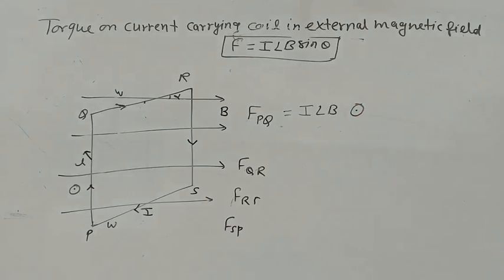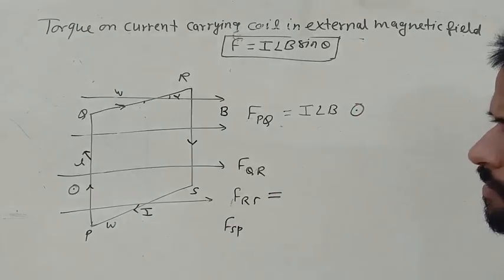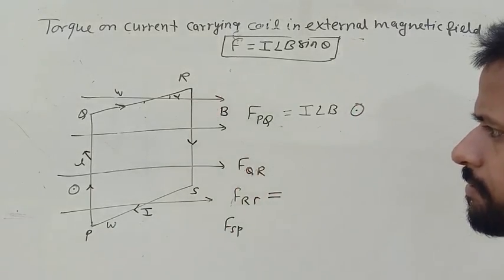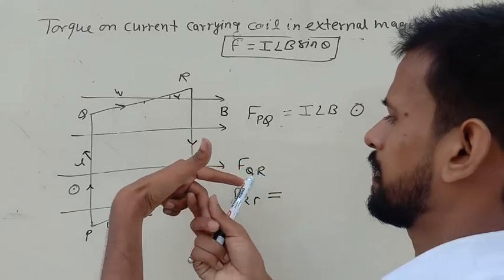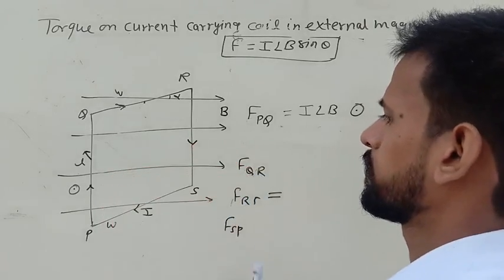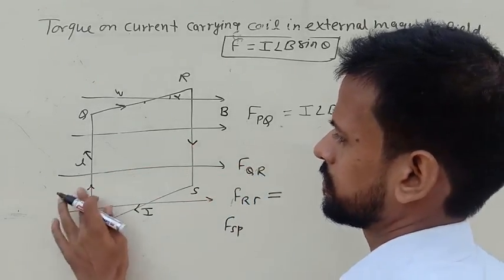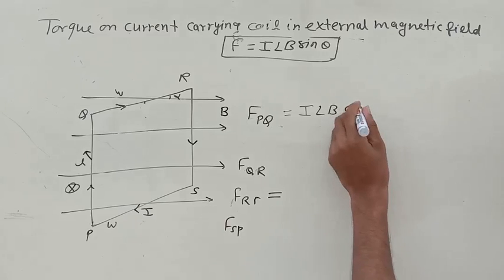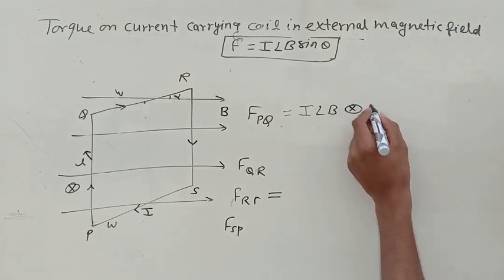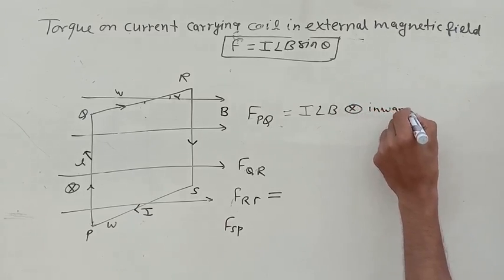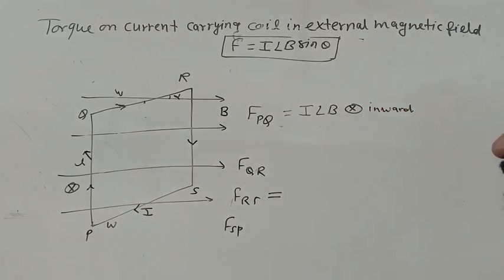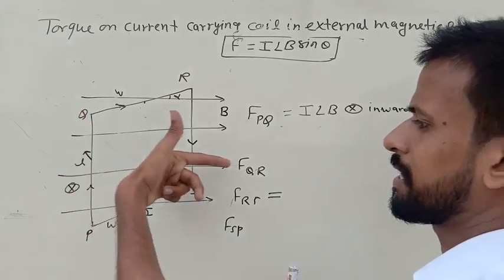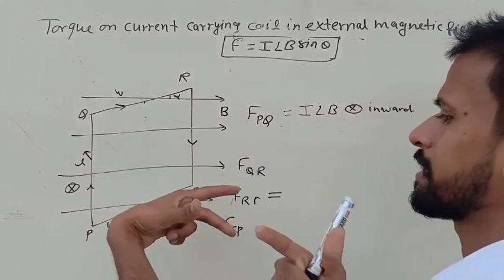Now force on RS. This is the magnetic field, and this is the current, in outward direction.